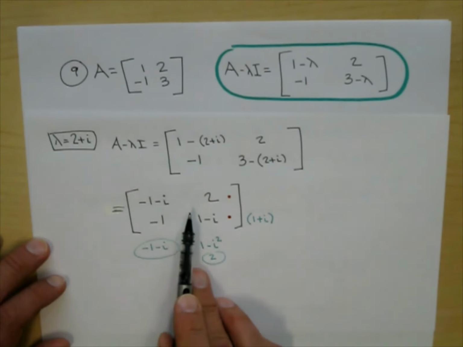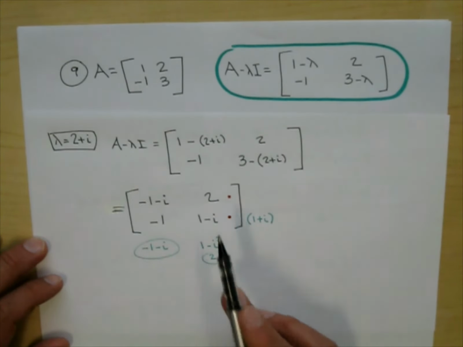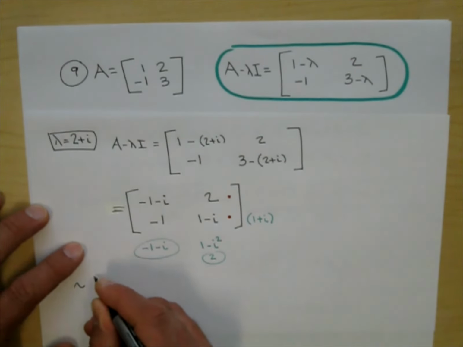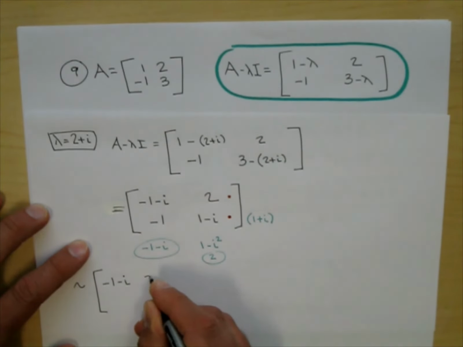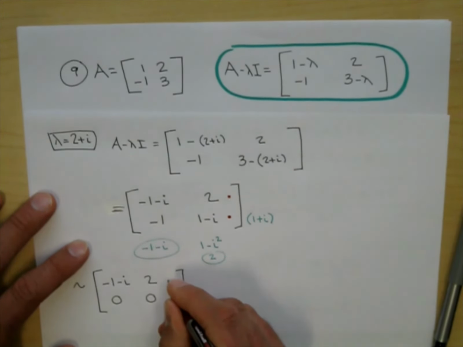I get to pick one of these rows. Which row do I want to pick when I'm trying to find the null space? Well, let's just pick the top one and see what happens. So the matrix is row equivalent to negative 1 minus i, 2, 0, 0, and we're trying to solve.